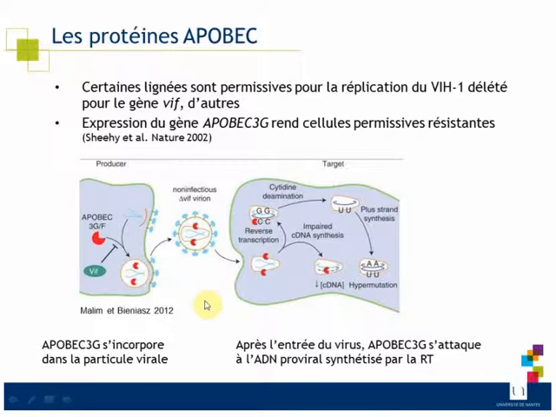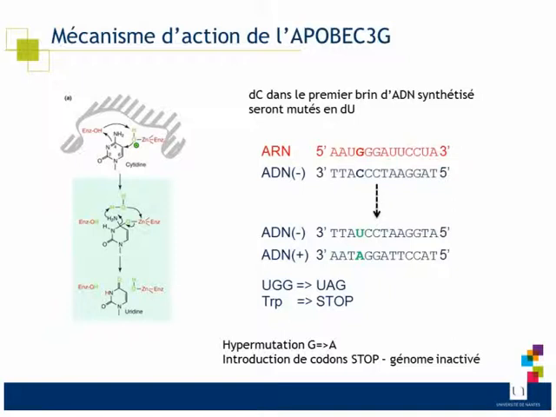So how does that work? Okay, and the role of the HIV accessory protein VIF is to prevent APOBEC3G from being incorporated in the virus particles, and that allows infected cells to release infectious particles. Okay, how does it work?